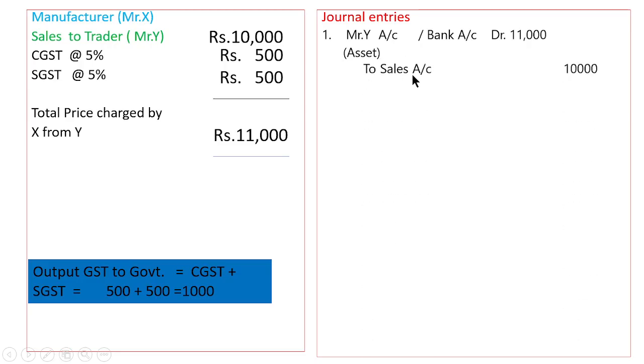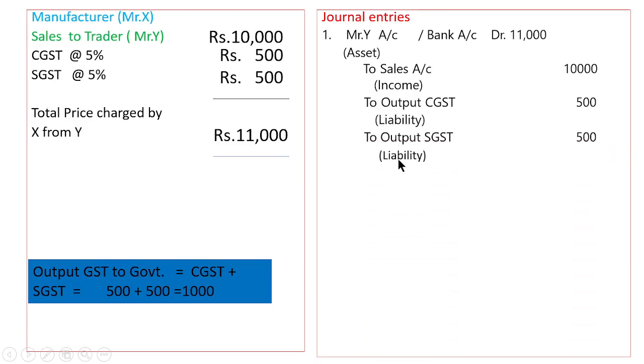Second, sales account 10,000. Here the sales amount is 10,000. It's credited. Why? Because it's an income. Next is output CGST 500. Why are we crediting this? Because it's a liability towards the government. Next is output SGST 500.